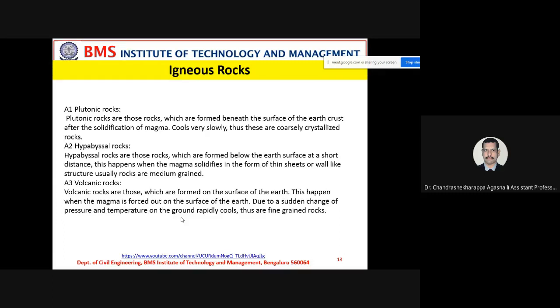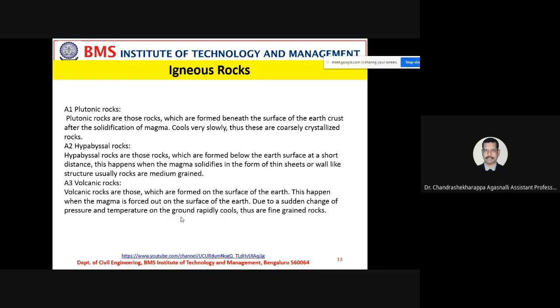This happens when the magma solidifies in the form of thin sheets or wall-like structures.